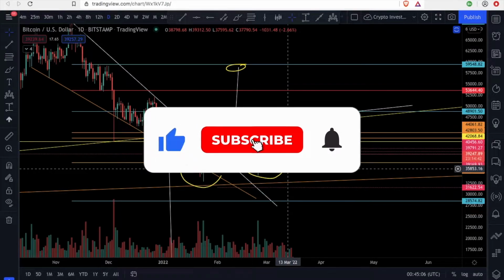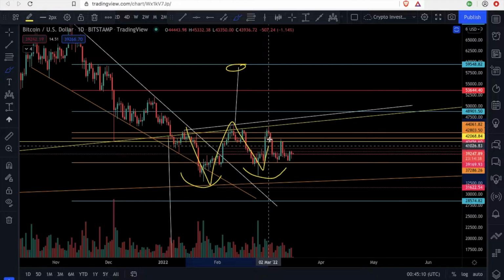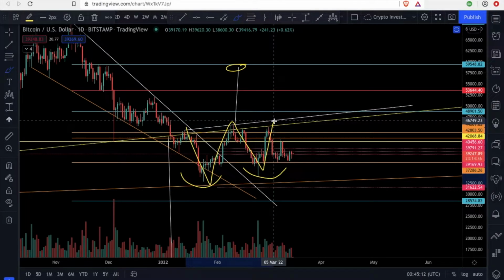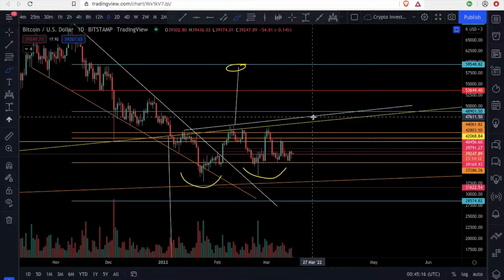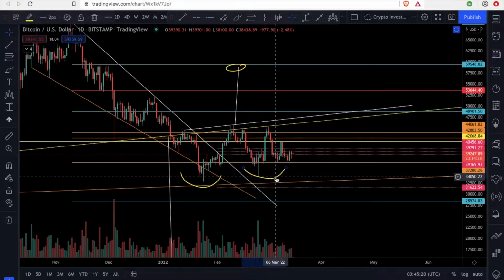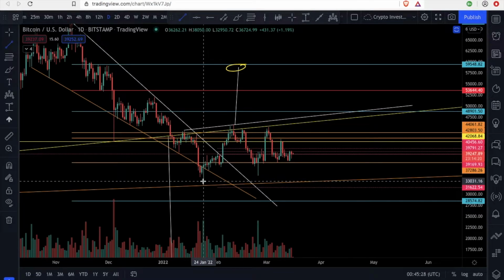So the Bitcoin price was forming this W pattern right here, but got rejected again, and now I will say that this double bottom scenario is invalidated. I will say that right now. I'm just going to delete that because this doesn't look like a double bottom anymore. It looks like this.